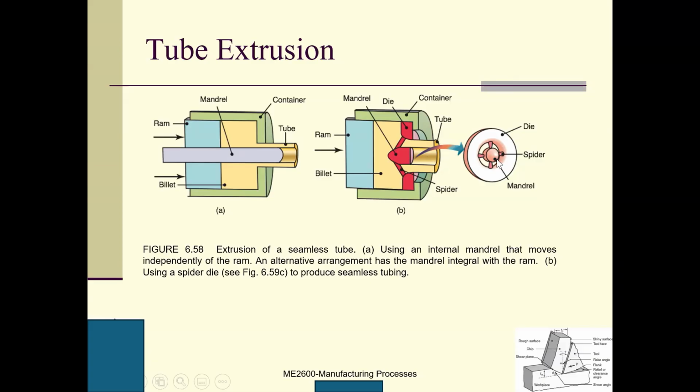If I put this guy here, because of this spider, 1, 2, 3, 4, it's a spider-like thing. And the material can only flow through these 4 orifices. As a result, we can get this kind of tubing.